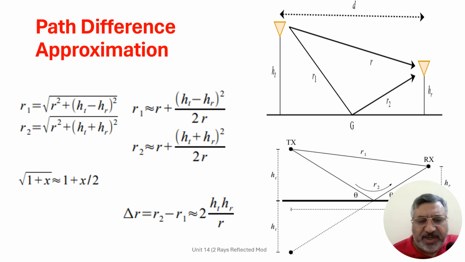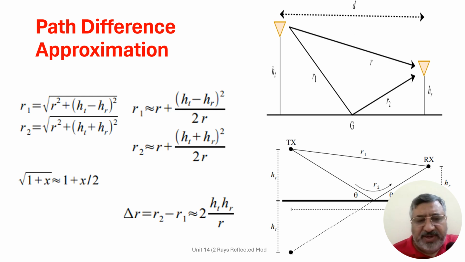And similarly, R2 is equal to R plus (HT plus HR) squared divided by 2R. So the difference of R2 and R1 can be calculated, and R is cancelled. So the path difference Δ is equal to 2 HT HR divided by R.